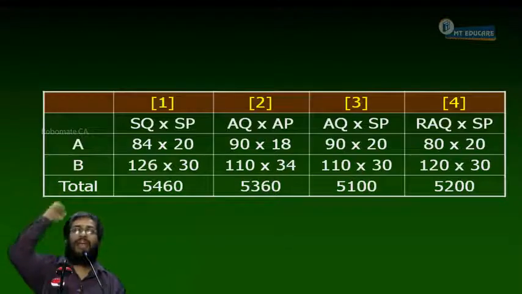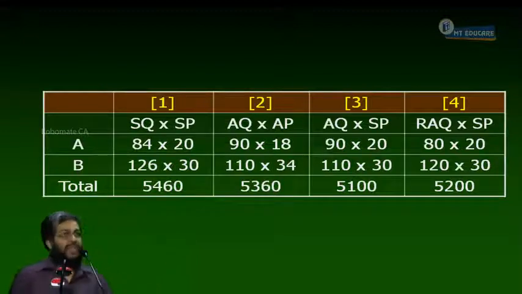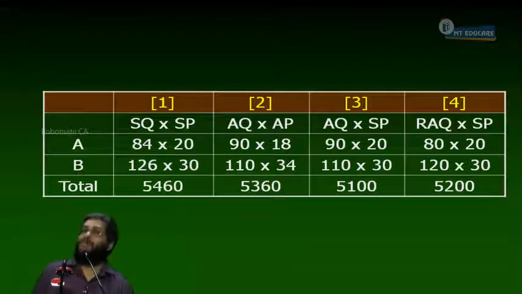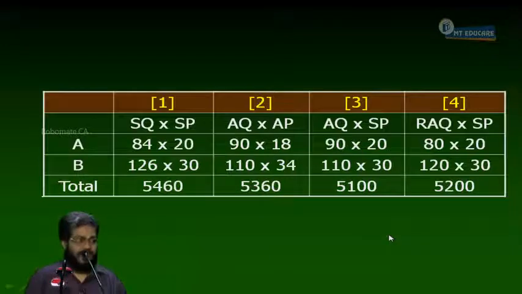Now, tell me, I have produced how many kgs? 189 kgs. For this output I should have spent 5,460 rupees, but I have spent 5,360. I am starting from the beginning, material variance onwards.